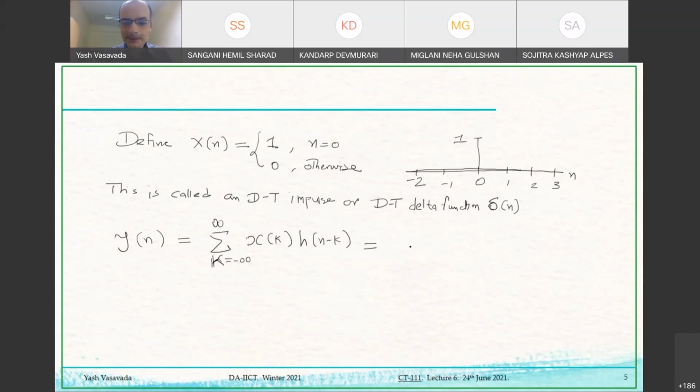h of n? Exactly. See, when k is equal to 0, x of k is 1, and so this h of n minus k simply becomes h of n. And for all other values of k from minus infinity to infinity, x of k is 0, so it wipes out the corresponding value of h of n minus k. And so what you are left with is just h of n.